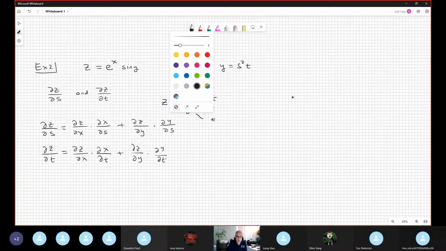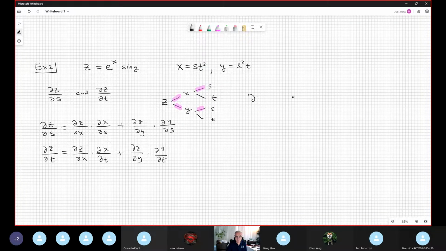Okay, for example, partial z with respect to x is, you take the original expression and differentiate with respect to x. By coincidence, it's the same: e to the x sine y, because the derivative of the exponential when the base is e is the same, and sine y is considered a constant multiplier.